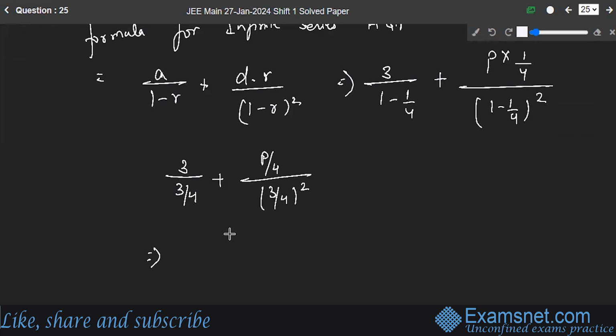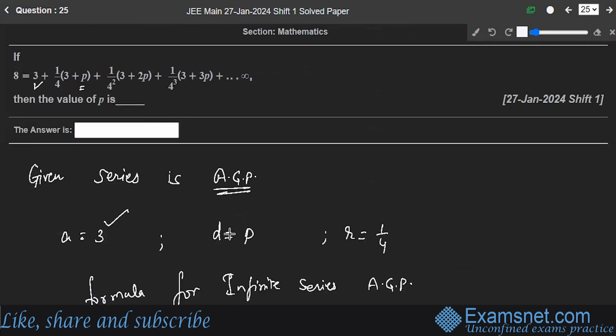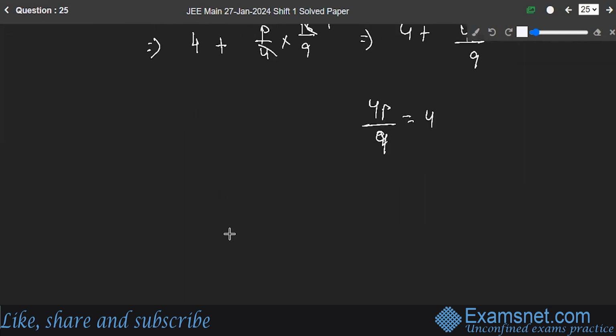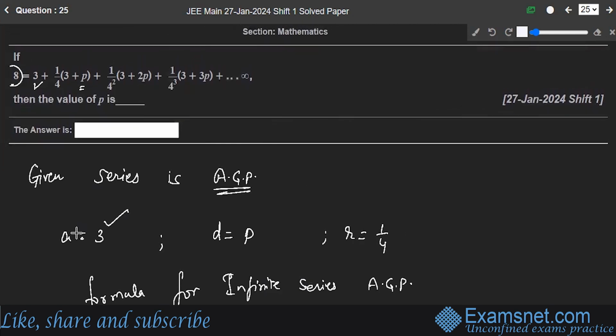This will give me 4 plus P by 4 multiply 16 by 9. So this is equal to 4 plus 4P upon 9. You are given in the question that this is equal to 8. So you have 4P upon 9 as 4. That gives you P is equal to 9. That is it. You wanted to find out the value of P. P comes out to be 9. Okay, there's no option, but answer to the question is 9. Hope you're clear with this.